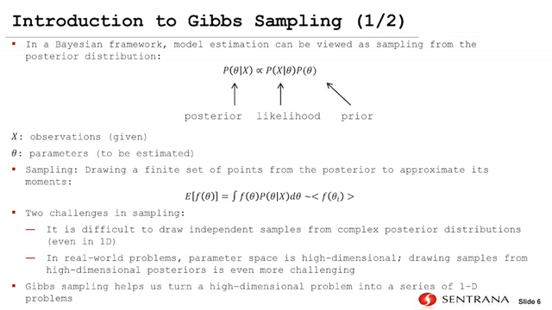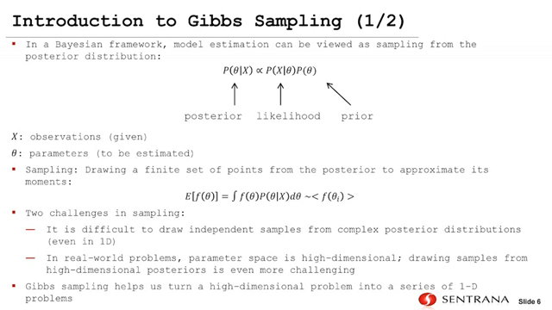That's typically an integral over f of theta multiplied by the posterior. Now, if you can't calculate the integral, which most of the time we can't because the integrals don't have any closed form solution, you replace that with drawing independent samples. You can draw a finite set of points from the posterior to approximate the moments. So instead of calculating the integral, you evaluate the function that you're trying to integrate and average it over the points that you've sampled.